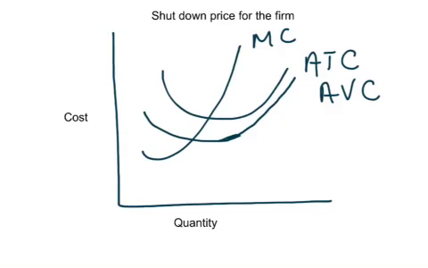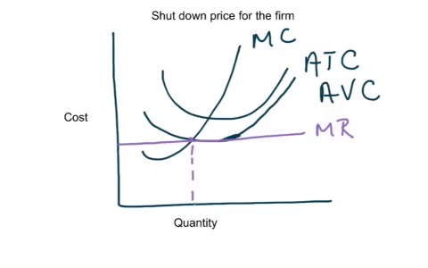So when the price that the firm can receive, which is determined by the market price, which we're going to draw in as the marginal revenue curve, at this point, the marginal revenue curve is intersecting the marginal cost curve at the same price as the average variable cost curve, which we see here.